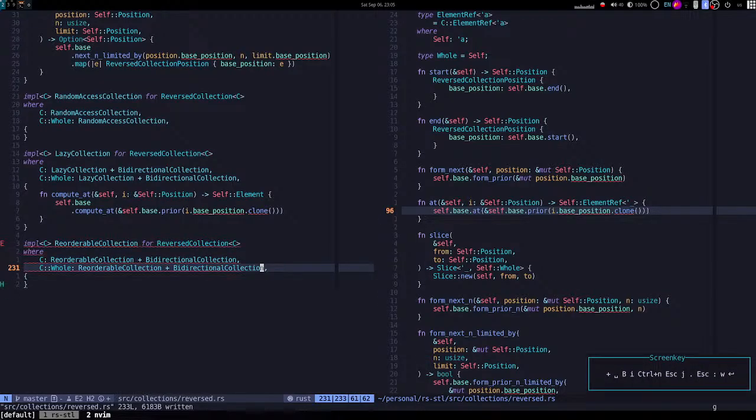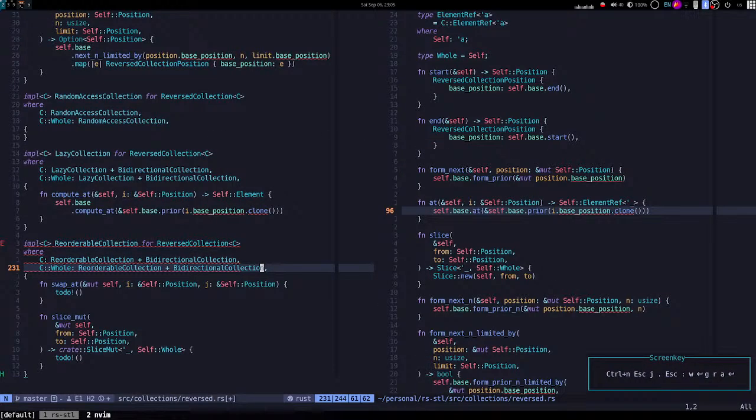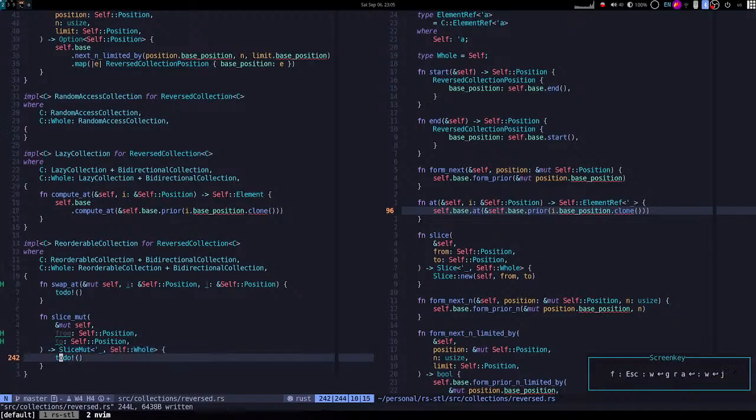So yeah, and we implement the missing members, right? So how do we implement the missing members? I guess it's quite easy.